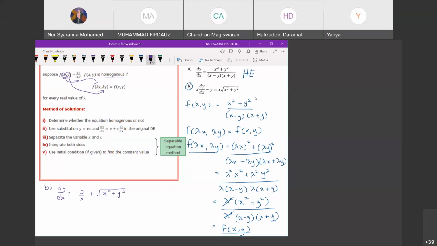Put y to the right hand side and then divide everything with x. So there is no x there. And then this is your f x y. So just substitute f lambda x, lambda y in your f x y.